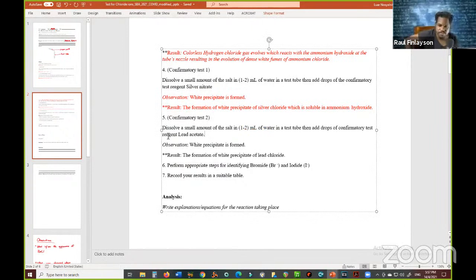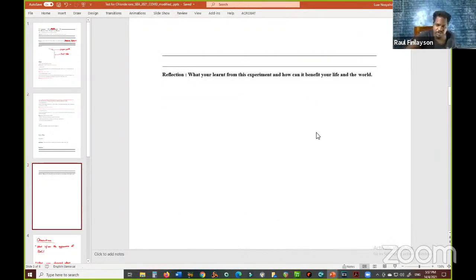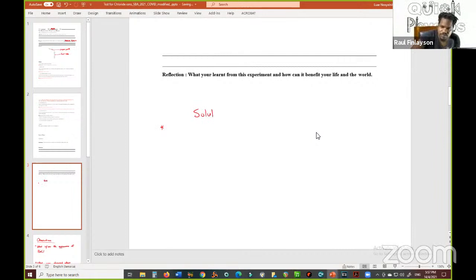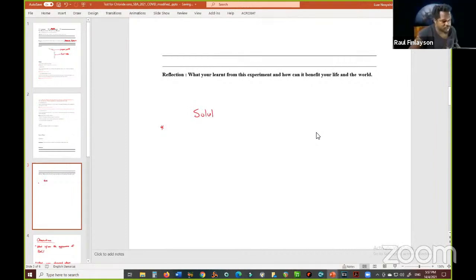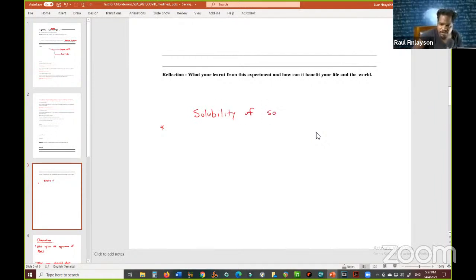Lead acetate, I think I introduced some rules here in terms of solubility. So let me just confirm those. Solubility. I think we could focus on that today. Solubility of salts, not salts, but of compounds.